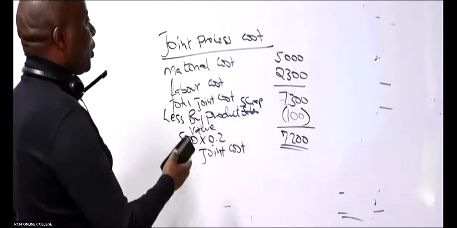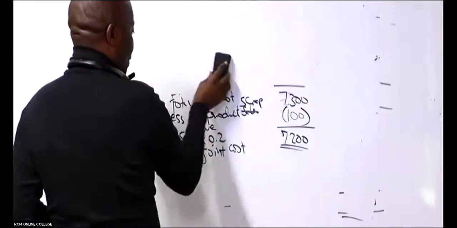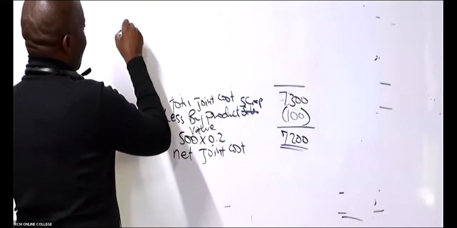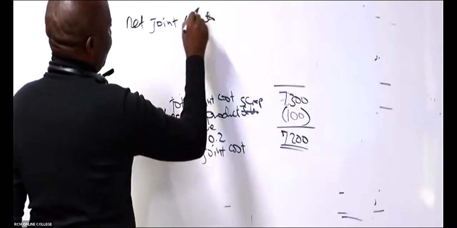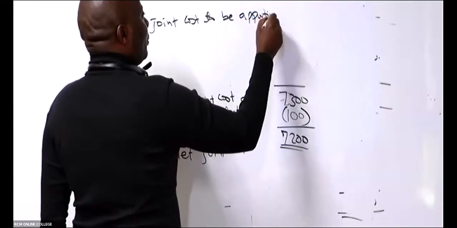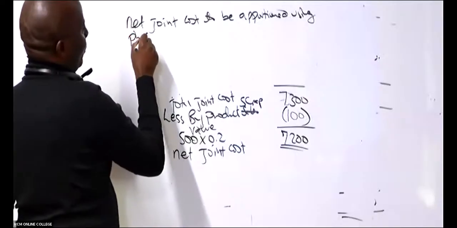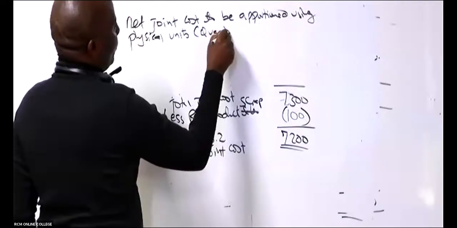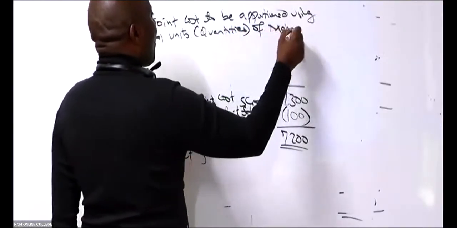So the net joint cost is apportioned using number of units produced, of main products.